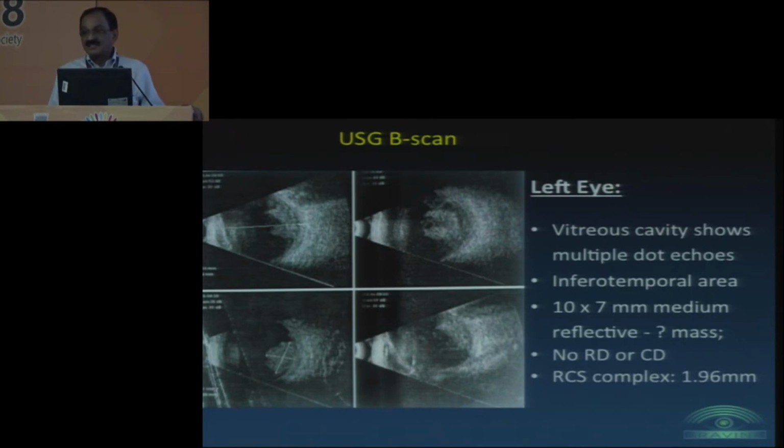Dislocated lens? What could it be? Organized vitreous hemorrhage, like a lump like this; you have never seen an organized vitreous hemorrhage like a lump like this.